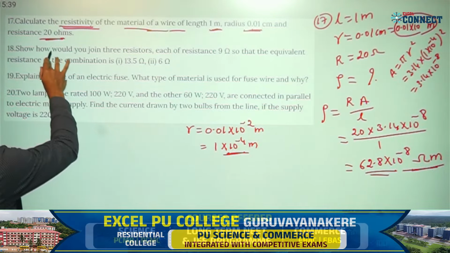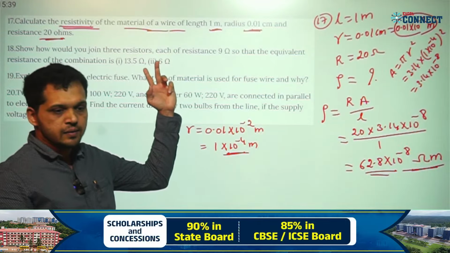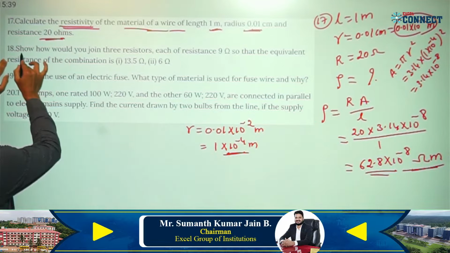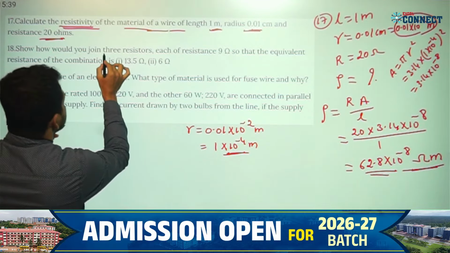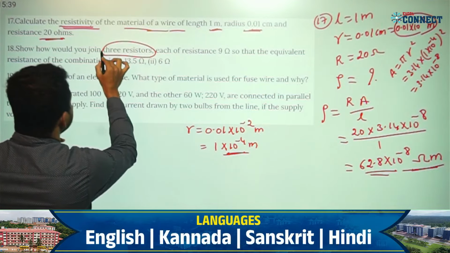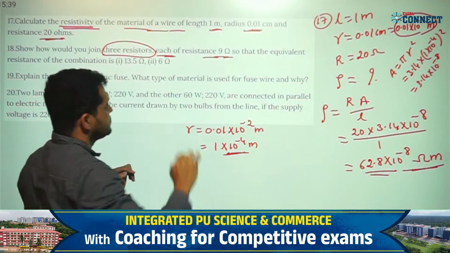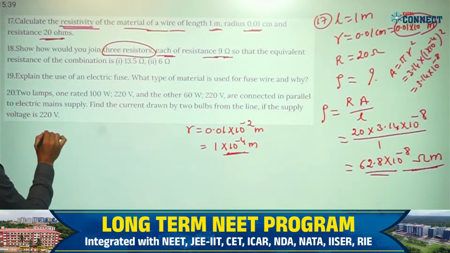The next question: show how you would join 3 resistors. If that question is clear, I will read it. There are 3 resistors, each of resistance 9 ohm. See, students, what is given is that there are 3 resistors.